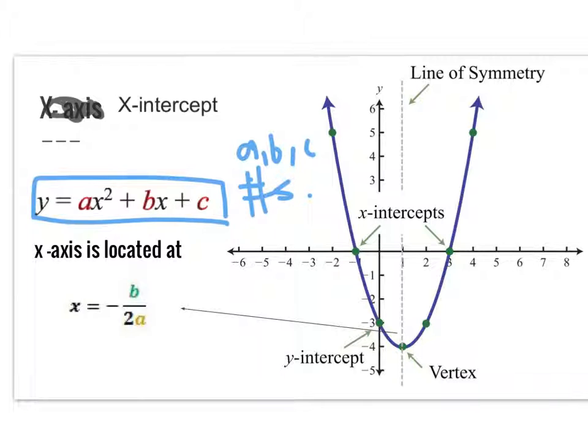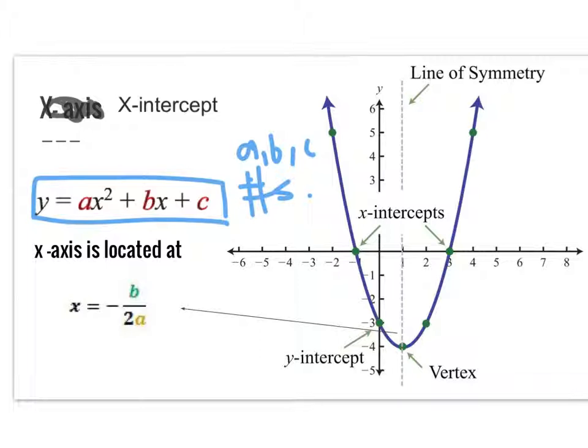Why? Because when it's cut in half, this side and this side have the same area, just like when you cut a square in half, because they're symmetrical.